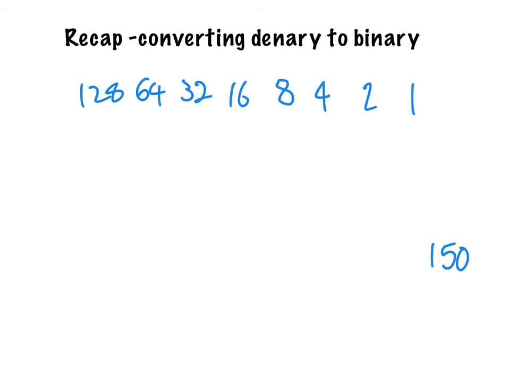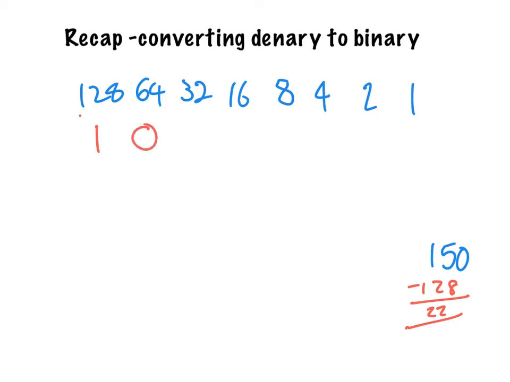150 into binary, I would start off at the 128, and I would take any of these values that I required and put a 1 underneath it. If I don't require that particular value, I put a 0. Okay, so starting off with 128, I do need that. So if I take off 128, I'm left with 22 still needing to get.